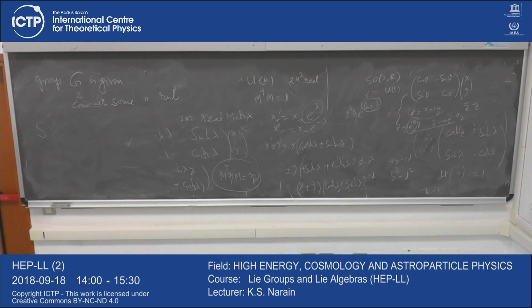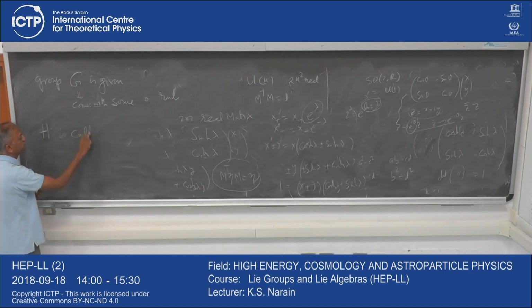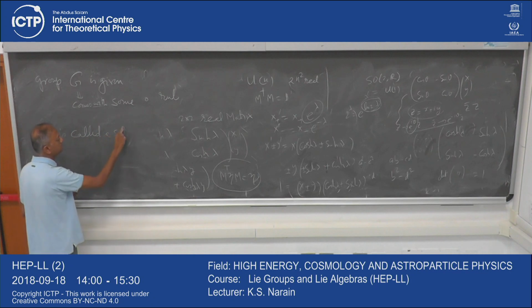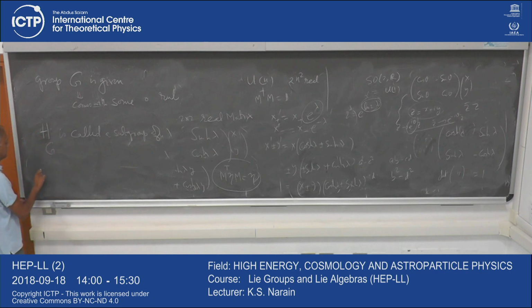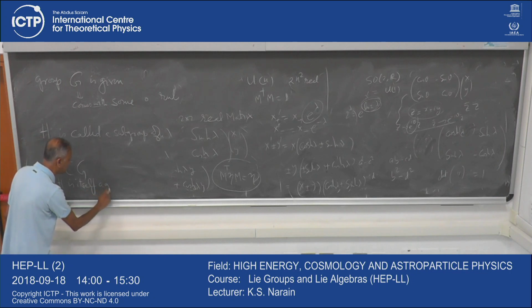So there's some subgroup. Let's say G hat, or H, let's call it H. H is called a subgroup of G if H is a subset of G, and secondly, H is itself a group, meaning it satisfies all the axioms of a group.